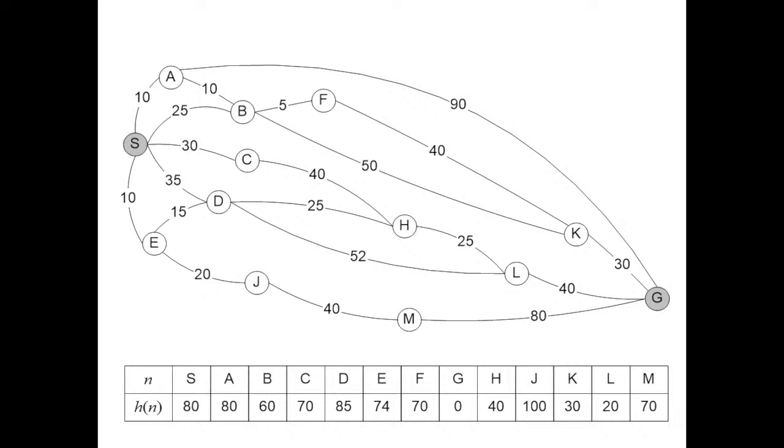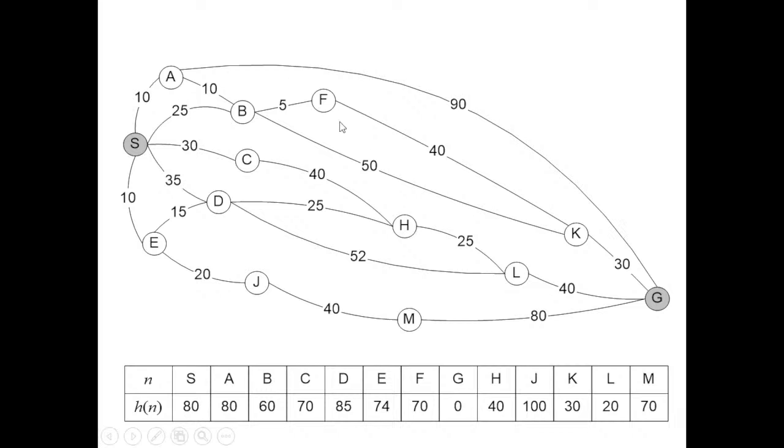I think from S we can go directly to A first. After that, from A to B. After B, we go to F. From F, we go to K. Until that, we finish at G. So it needs 70 plus 25, it's around 95, right, Asandi?